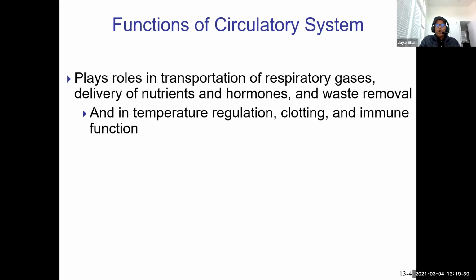That's why they play a role in immune function. Blood also carries a lot of electrolytes like sodium, potassium, calcium, magnesium, zinc, all the macromolecules. And those electrolytes have a big role in our body, as you know, in different physiology.